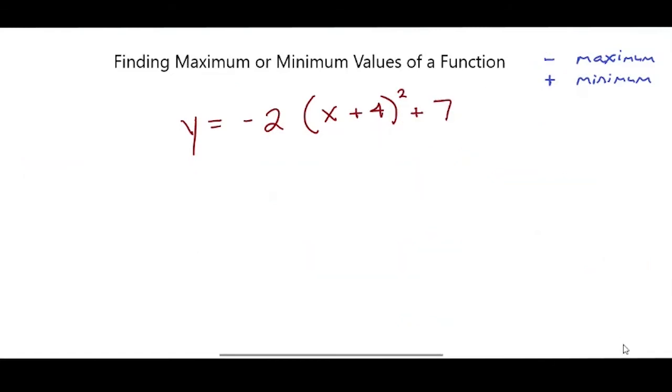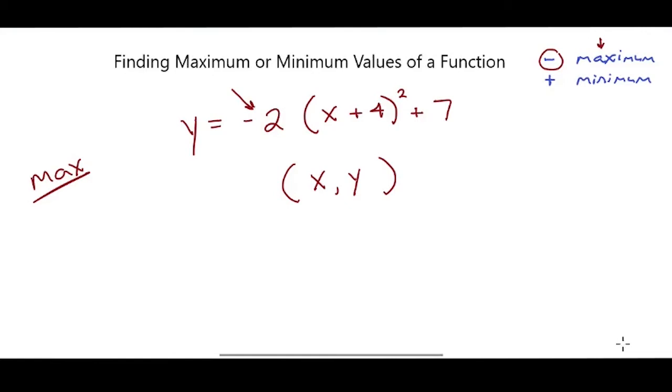So let's say we have a function that is in vertex form. I want to know, is this going to have a maximum or a minimum? Well, I look and see that it is negative. Since it is negative, I know that it will have a maximum. So we're looking for the maximum of this function. Just like in the other problems, it will be the y coordinate of the vertex.